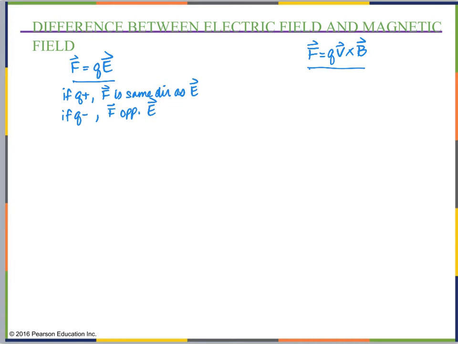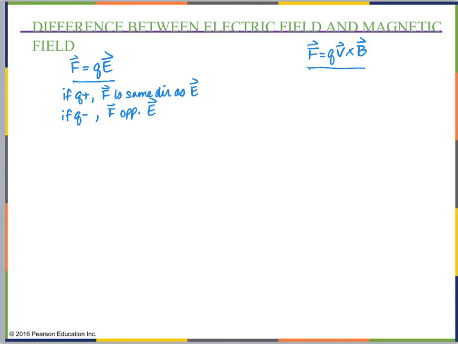Now, it probably is going to be necessary for you to review cross products or vector products, because we use a vector product to express the force on a charge due to a magnetic field. We're going to talk about it a little as we go, but again, it might be something for you to review.